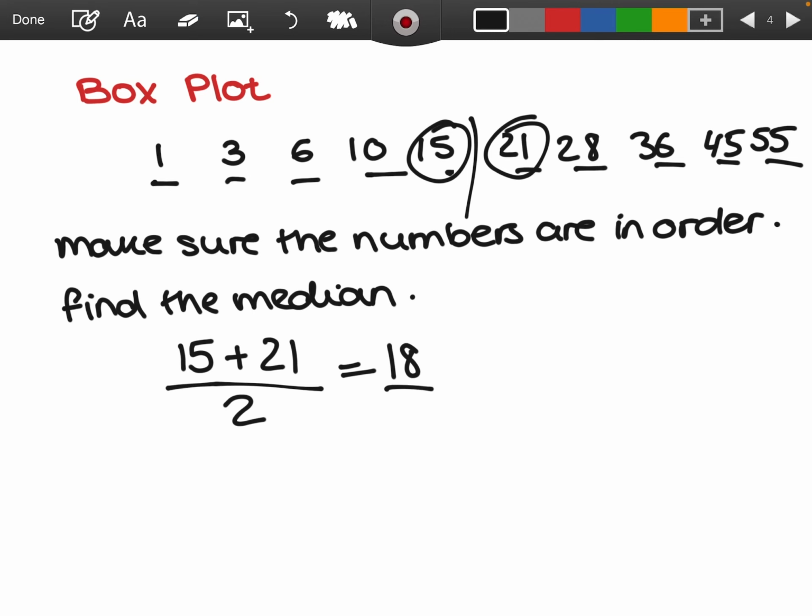So like I said, if you've got an odd number of data points, pick the middle value in your data set. If you've got an even number of data points, pick the two center values and find their average. The next thing that you need to do is find the upper and lower quartiles.